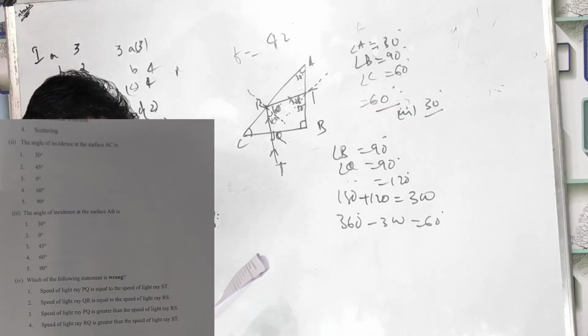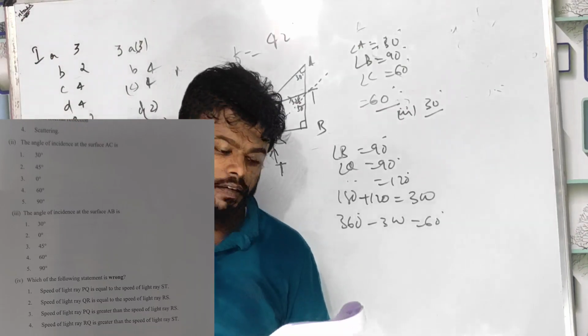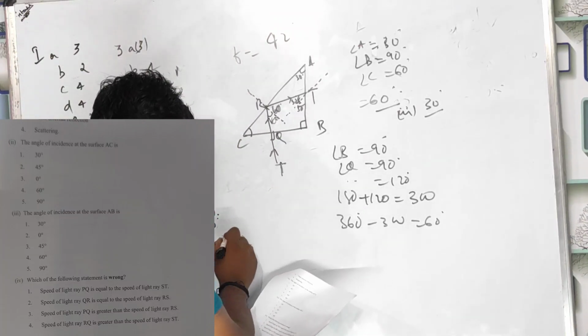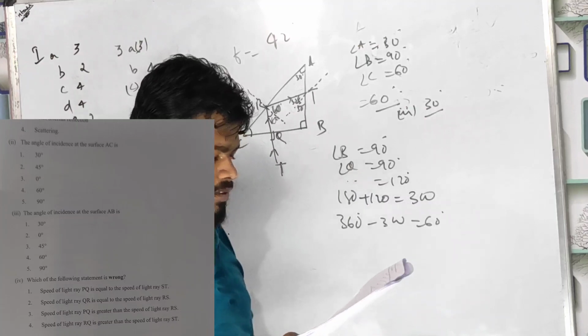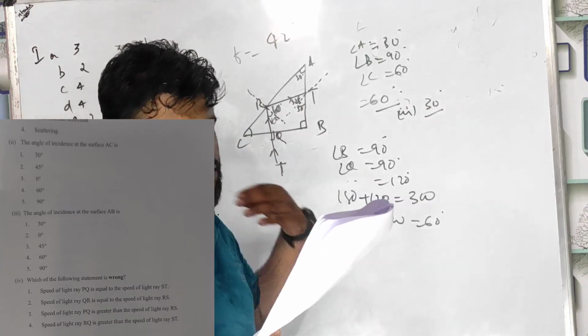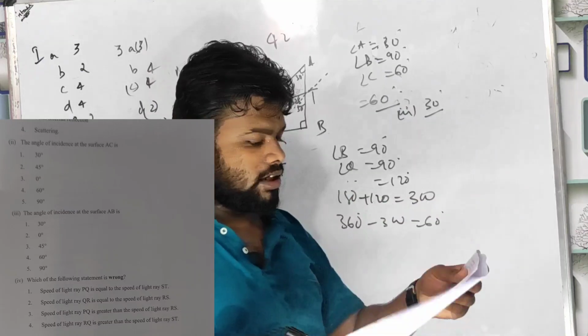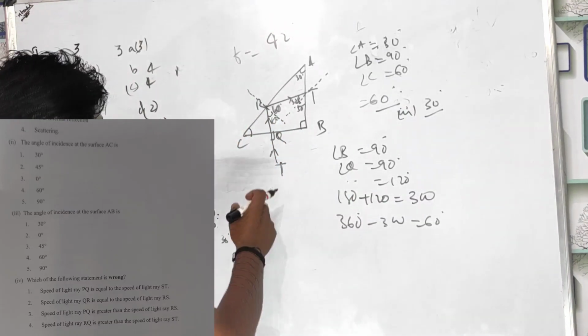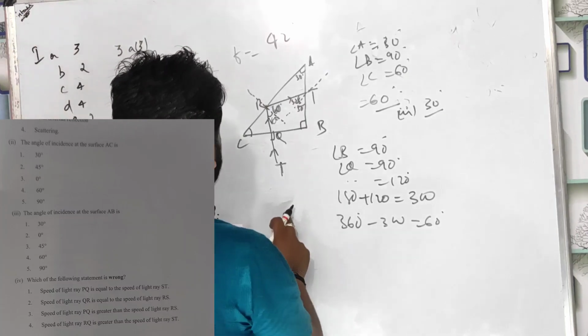Next, the last question: which of the following statements is wrong, children? The speed of the ray PQ is equal to the speed of the light ST. Where is PQ?